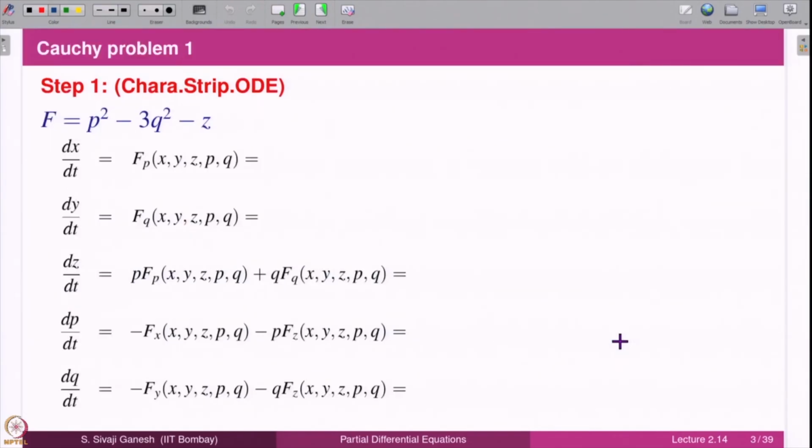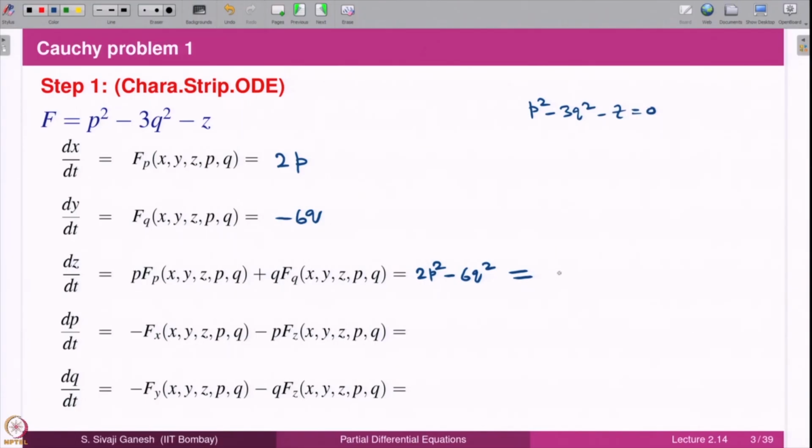Now, step 1 is to solve the characteristic strip ODEs. F is given like this. So, what is Fp? It is 2p. Fq is minus 6q, and P Fp plus Q Fq is 2p square minus 6q square, and using the equation, recall p square minus 3q square minus z equal to 0, P, Q and Z should satisfy that equation.